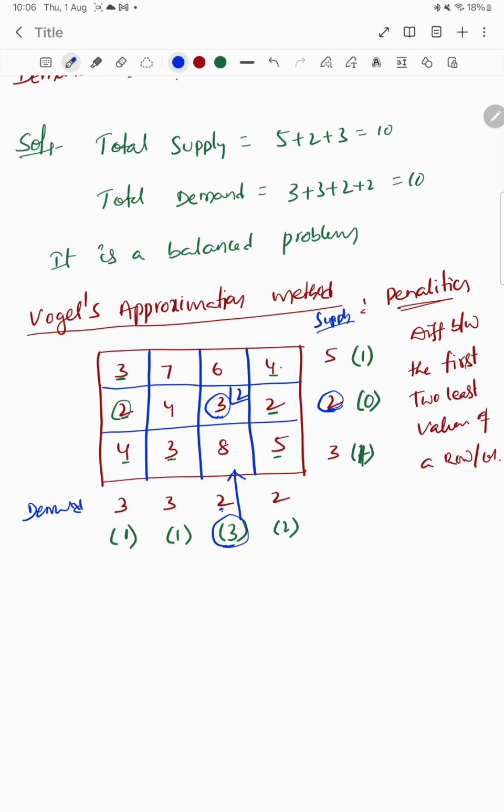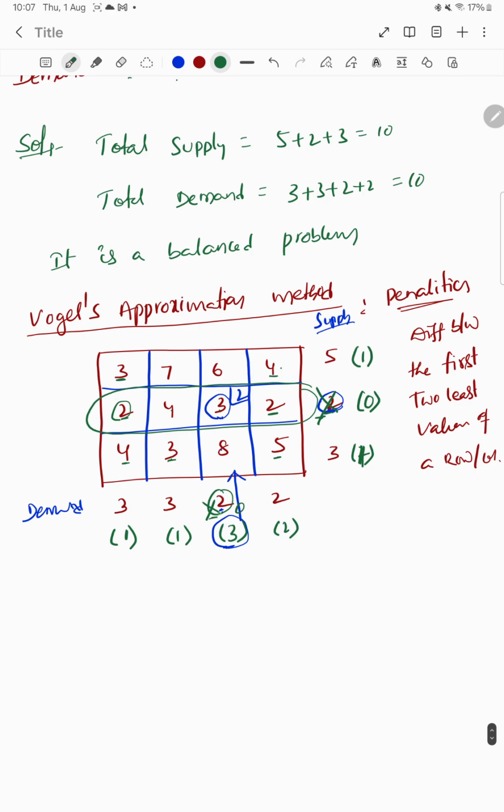Out of 2, we have allocated 2, so 2 becomes 0. And here also, out of 2 we have allocated 2, so this also becomes 0. So this supply became 0 and the column demand also became 0. Now the most important thing is that we need to delete the 0 valued supply row and the 0 valued column. Here the 0 valued row is the second row, so the second row will be deleted.